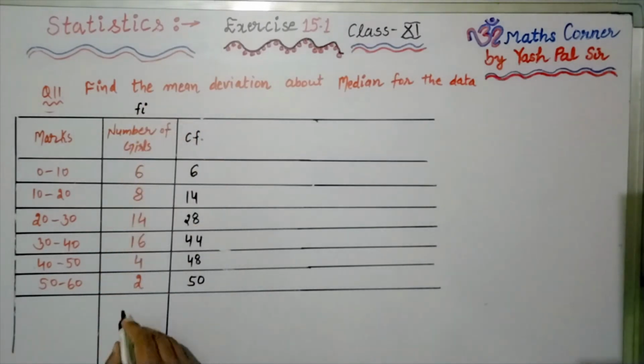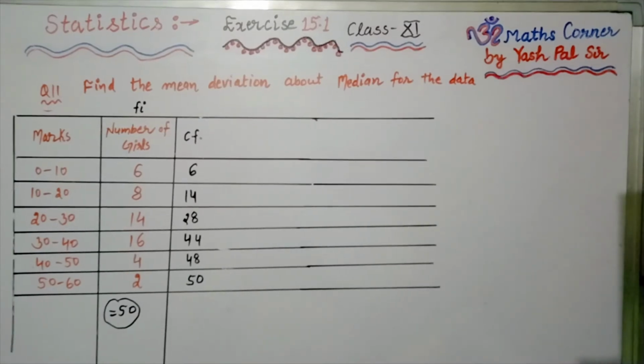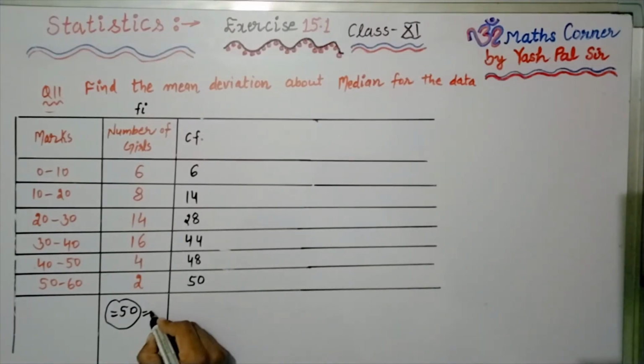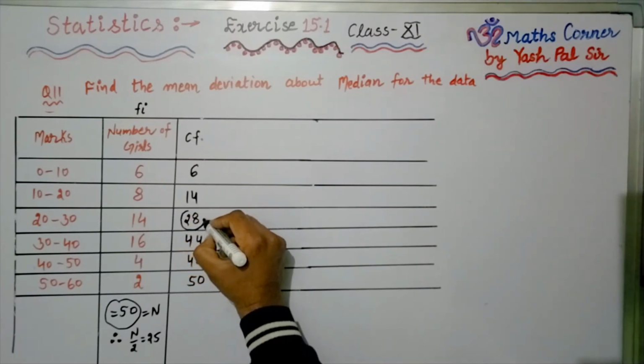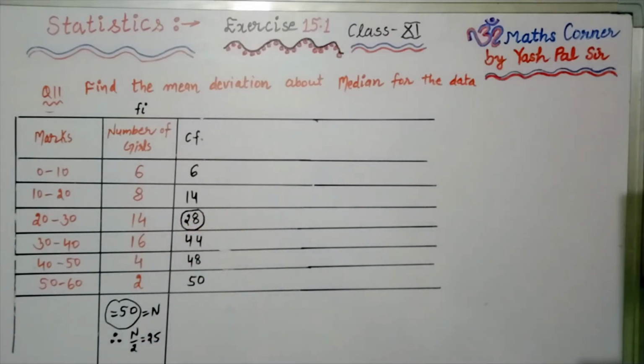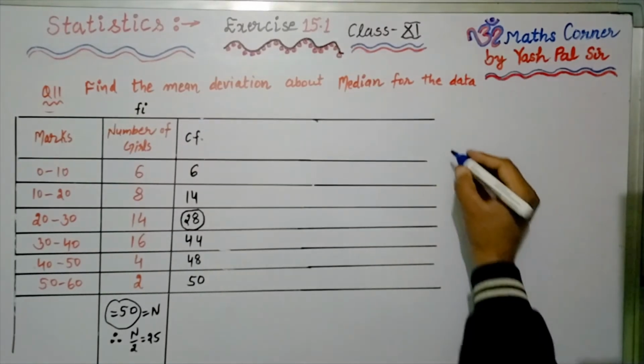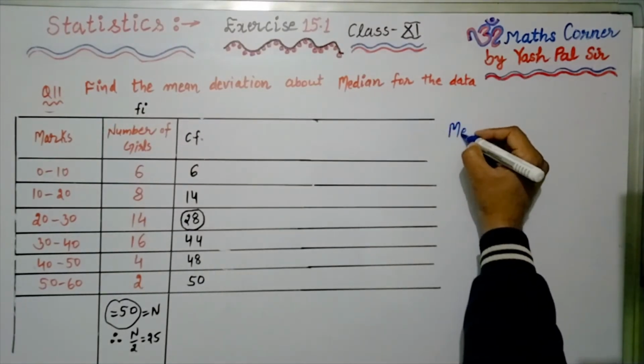The number of girls represents fi, and the sum of this column is 50. This number is called n. So what is n by 2? N by 2 is 25. Which term contains 25? 28 contains 25.